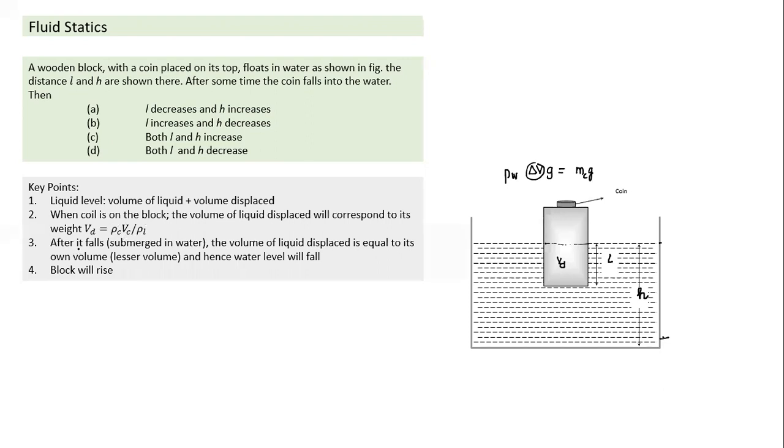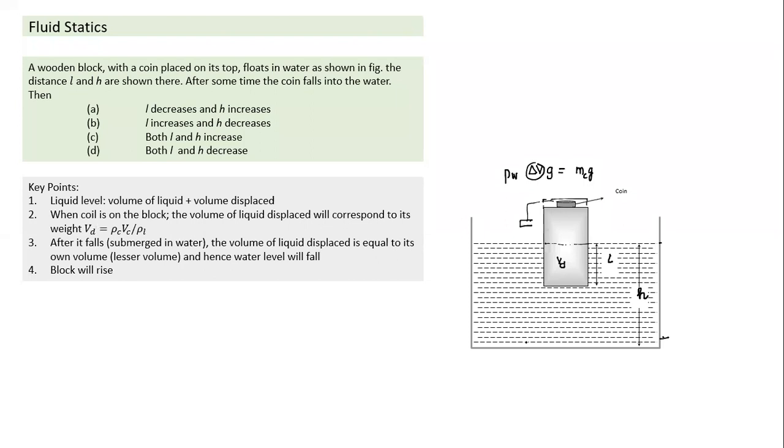This is the volume it is displacing when it is floating. When the coin falls, the coin goes inside. Just assume I have removed the coin first. If I remove the coin, the block will go up. By what volume will the whole block go up? By this volume.